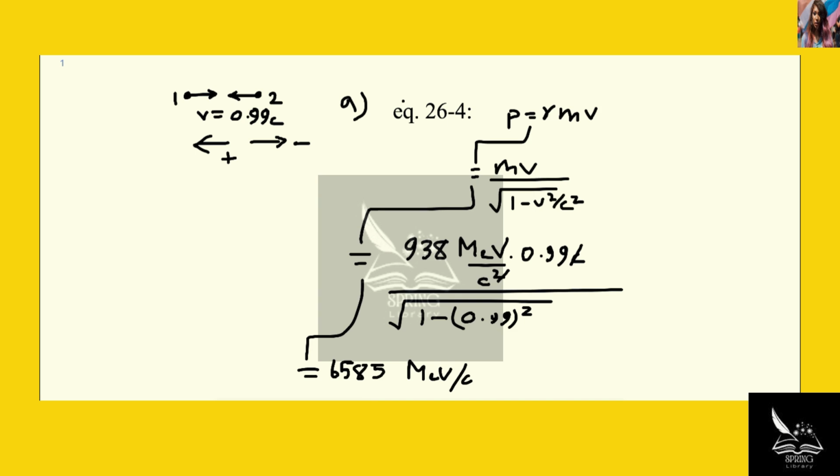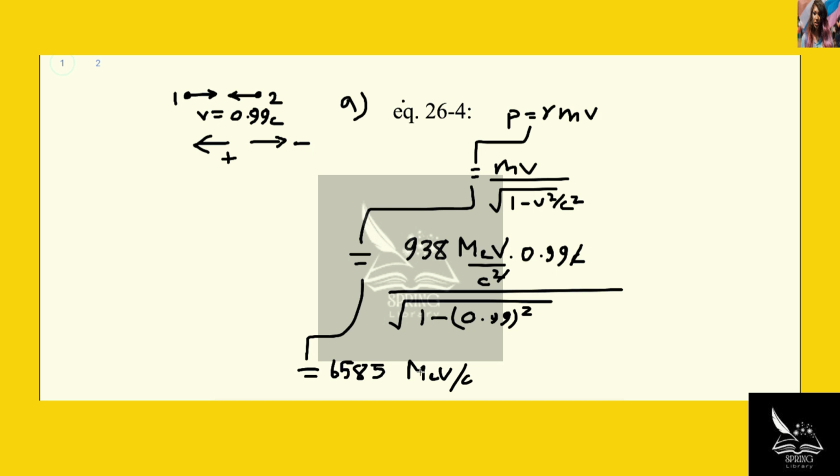In part B, we note that p1 will be exactly equal to the negative of p2, because remember the magnitudes are equal, but while proton 2 has a positive momentum, proton 1 will have a negative momentum because of traveling in the exact opposite direction.